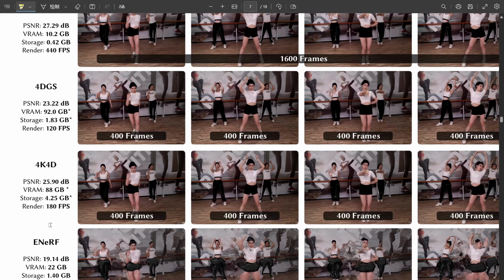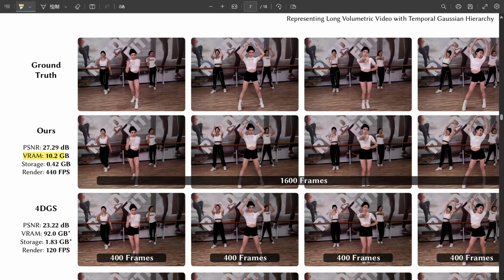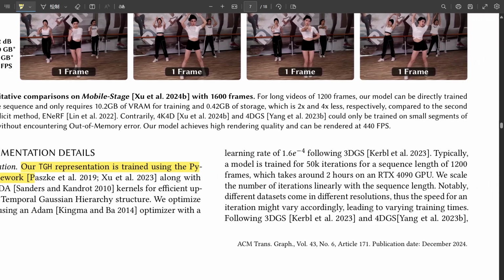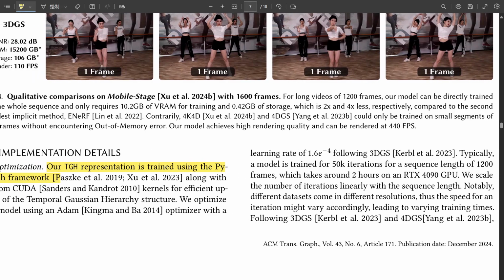Who knows? Maybe the next time we do one of these deep dives, we'll be talking about how TGH is being used to model the human brain. That would be wild. Or to design self-sustaining ecosystems. Or to predict the future of the stock market. Okay, maybe not that far. Maybe. You never know.